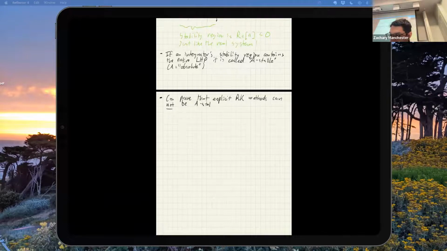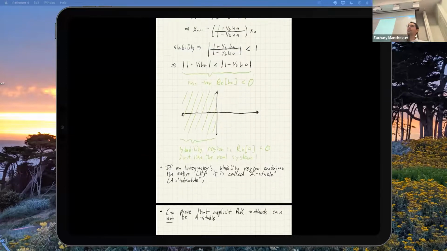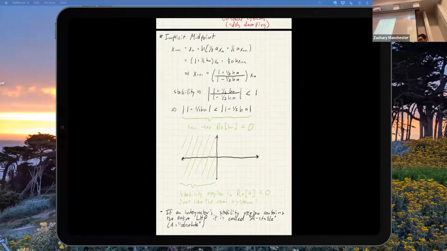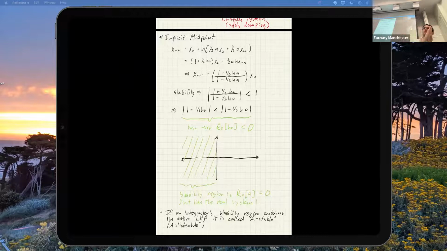So what this is telling you is, if you use an explicit Runge-Kutta method and you give it a stable, relatively benign system, it will blow up somewhere as a function of step size. So you can use the adaptive stuff to adjust the step size automatically to do error control, but if you give it a nasty stiff system, it might have to slam the step size all the way down to almost 0 and take uber tiny steps and then bog down.